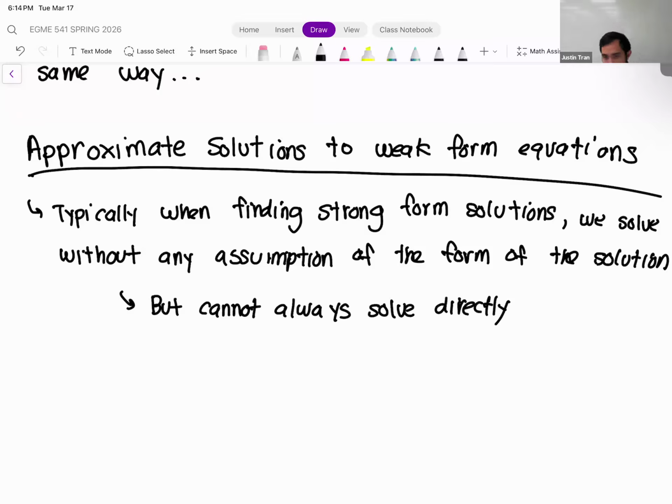And so that technique of just solving for the solution without any assumptions, we call a direct solution. We can't always solve directly because a lot of times our equation, our boundary conditions, or our domain is very complicated.